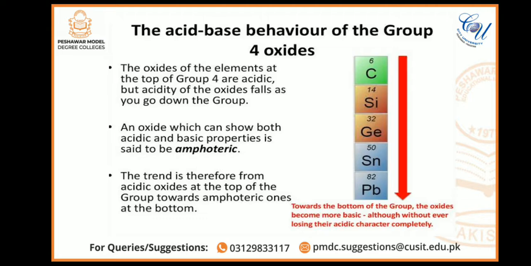Among the monoxides of these elements, carbon monoxide is neutral, while tin monoxide and lead monoxide are amphoteric in nature. The trend is therefore from acidic oxides at the top of the group towards amphoteric ones at the bottom.